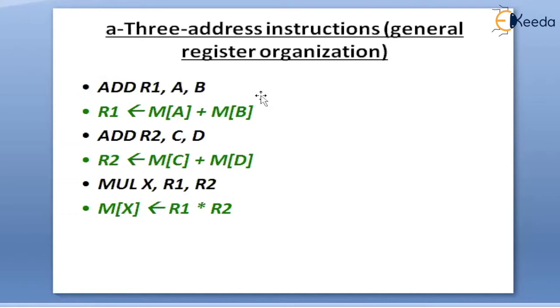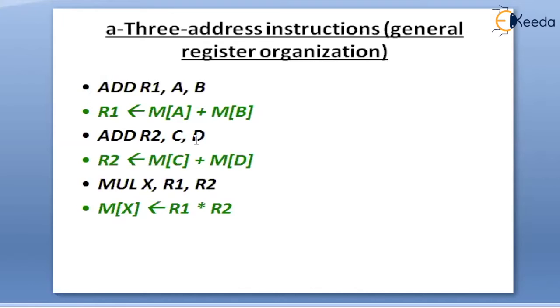First, in order to execute a plus b into c plus d in three address instruction, the first instruction that needs to be executed is add r1 comma a comma b. The variables a and b will get added and transferred to r1. Then add r2 comma c comma d.